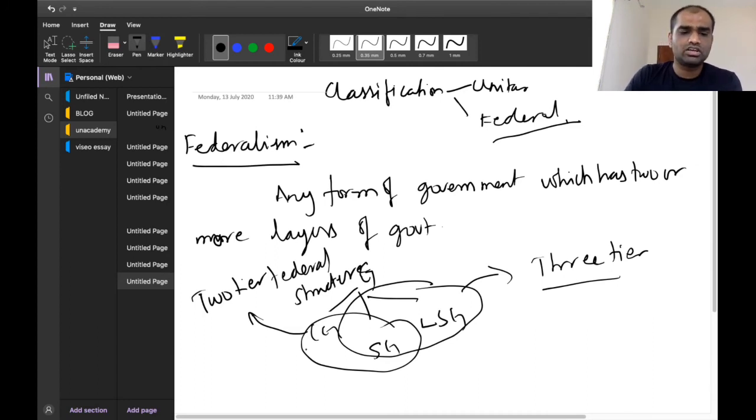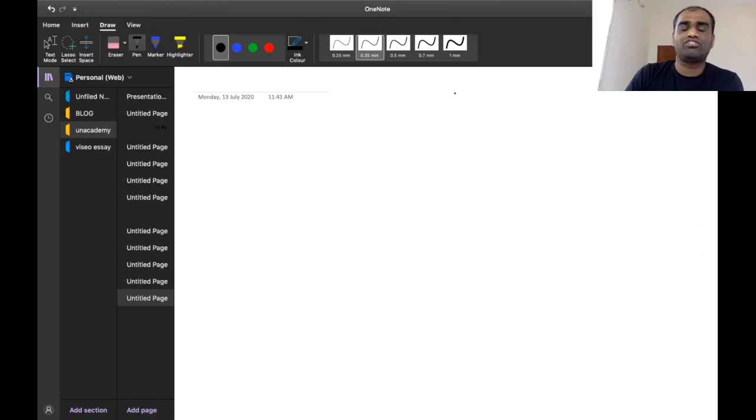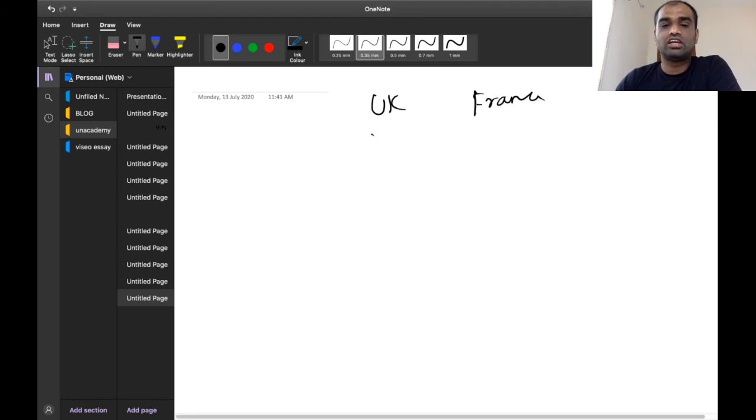But there is a crucial difference between federalism as well as unitary government. See, even in case of the UK as well as France, there is a state government. Clear? So even though in the UK as well as France there are equivalents of state governments, the UK as well as France are not called federal governments.